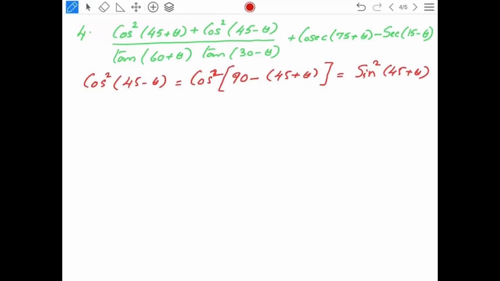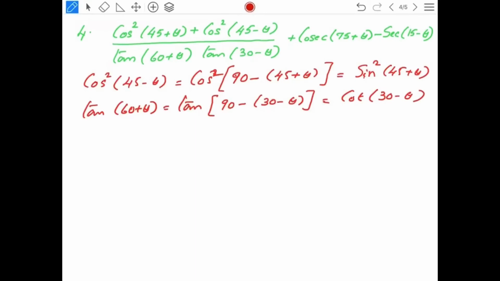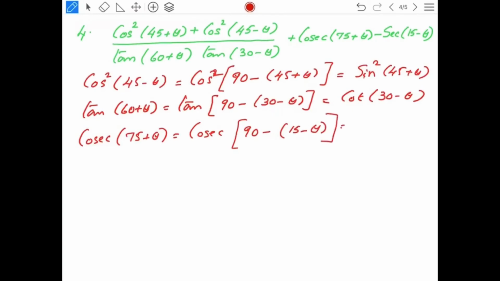And now we'll convert tan 60 plus theta is equal to tan 90 minus of 30 minus theta, cot 30 minus theta. Similarly, cosecant 75 plus theta is equal to cosecant 90 minus of 15 minus theta. So it is secant 15 minus theta.